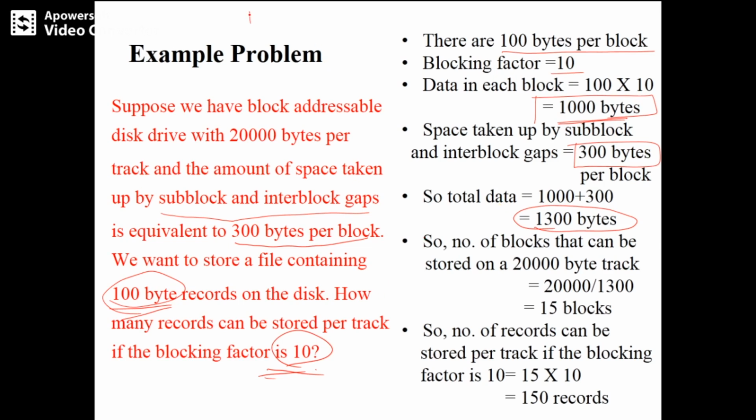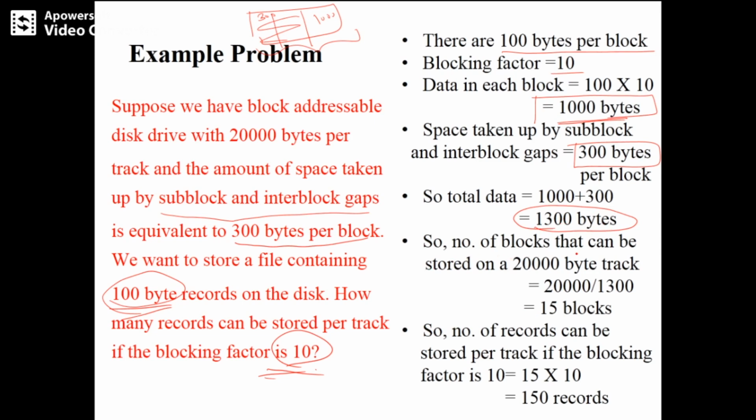In a block you have the data subblock, count subblock and key subblock. These two are 300 bytes, and the data is 1000 bytes. Adding those two, we get the total, which is 1300 bytes.